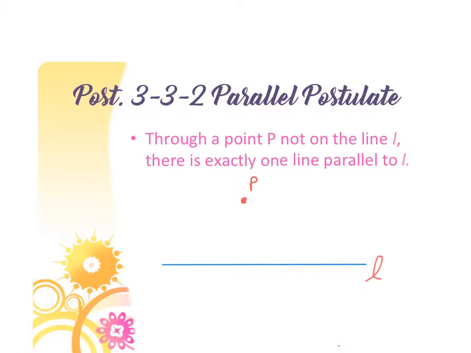The length may not be the same, right? But a line goes on unending. There's only one way to draw that line, and it would be straight through P that is parallel to L. So that's all this means. There's only one line that can be drawn that would be parallel to L and passes through P.